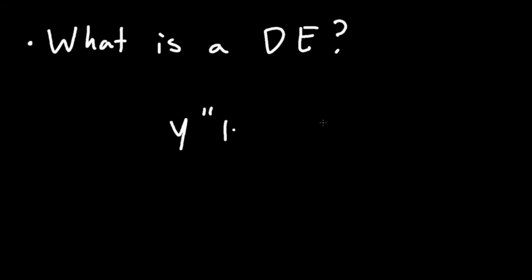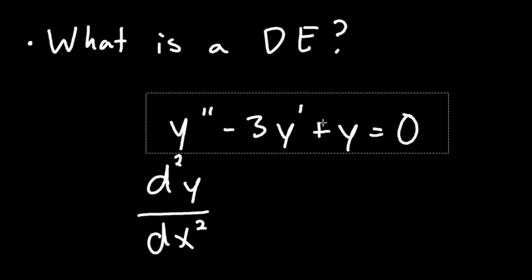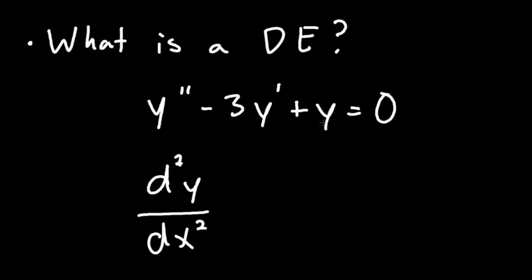of all different kinds, right? y double prime minus 3y prime plus y is equal to 0. This is an example differential equation. And if I were to use the little logic I did previously, y stands for some function. d squared y over dx squared stands for the second derivative of the function y.